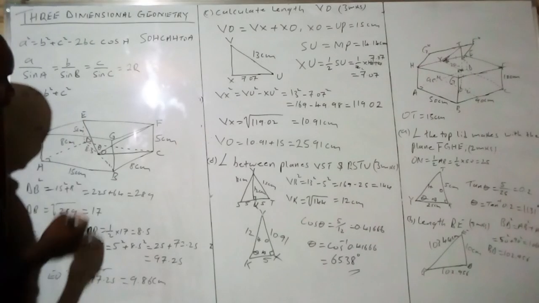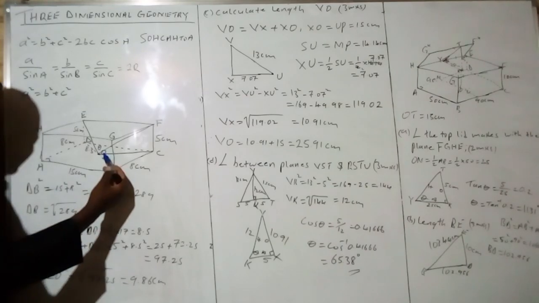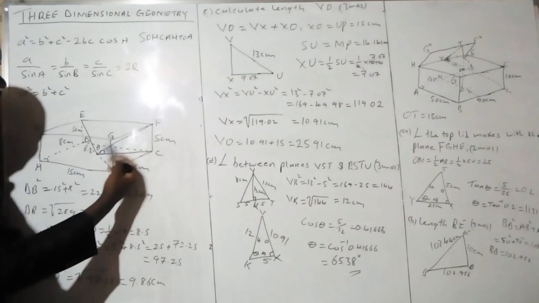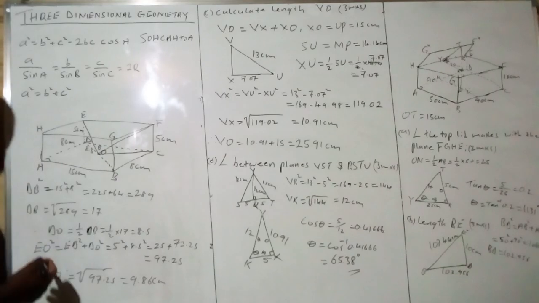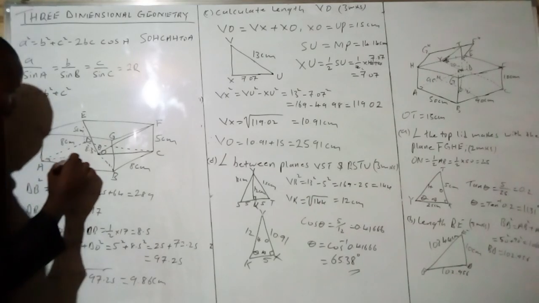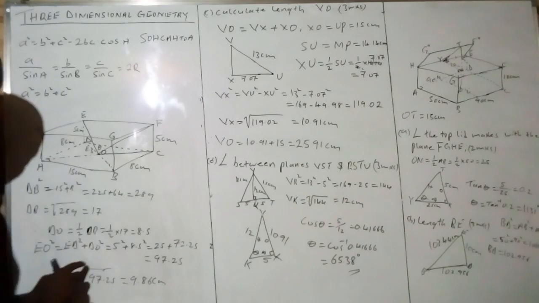Then we are going to get OF. How can we get OF? We can connect A to C, 15 and 8.